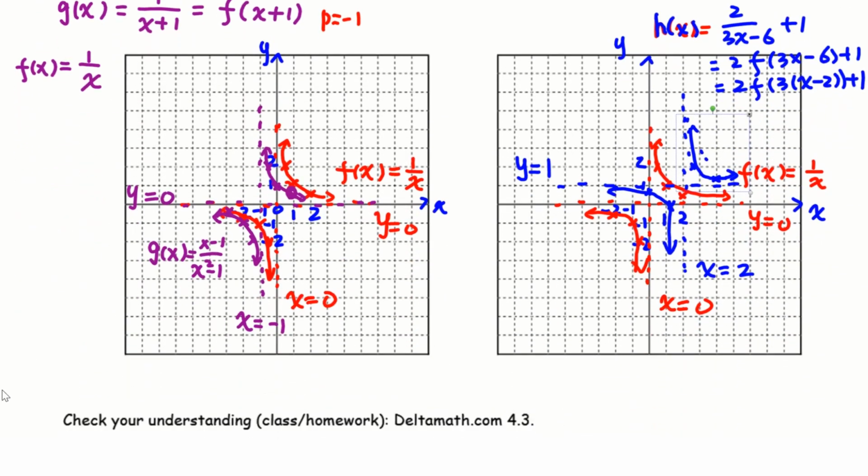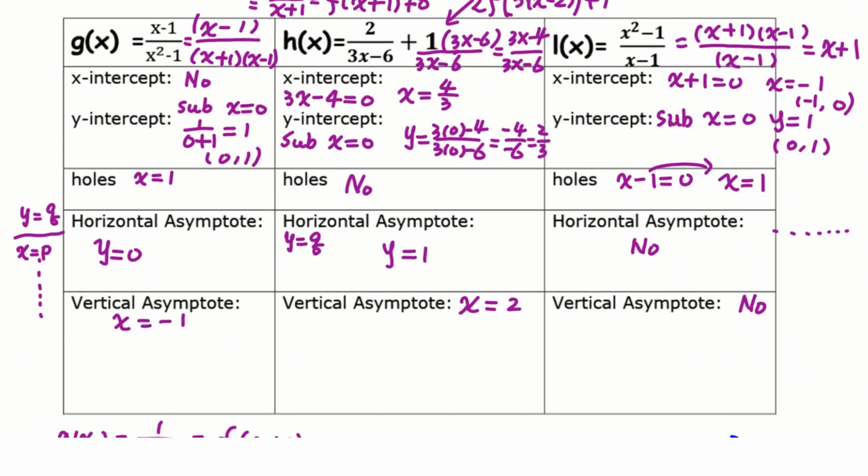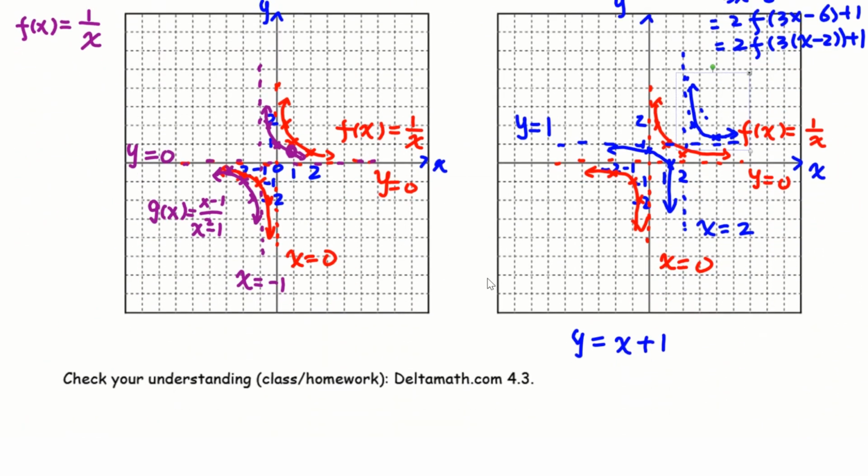So for x plus 1, we could just graph the line. So the last one is y equals x plus 1 with a hole at x equals 1. So from this one, y-intercept is 1, and the slope is 1, so it's 1 over 1, up 1, right 1. Then connect them, but here we have a hole, so we are going to put an open dot here.